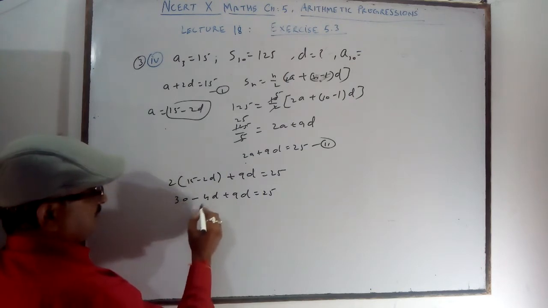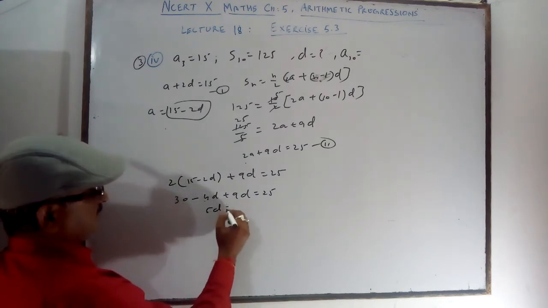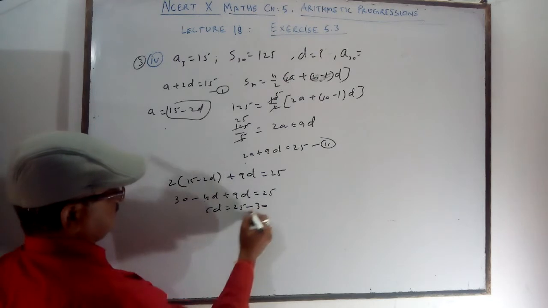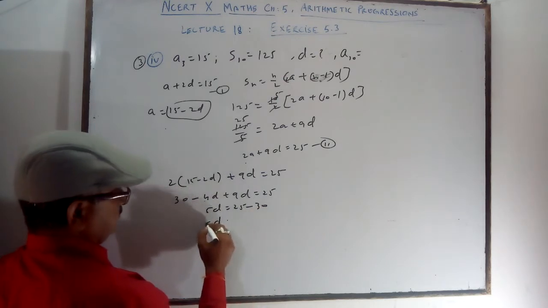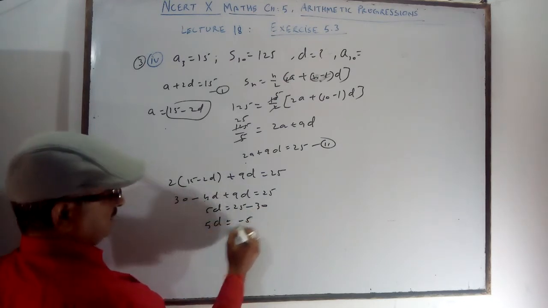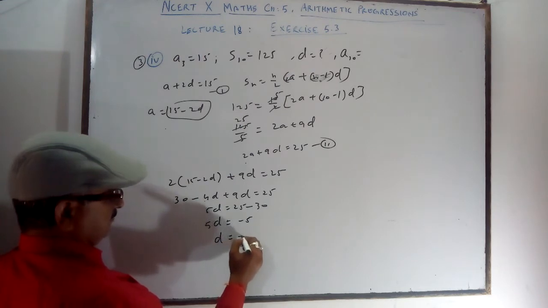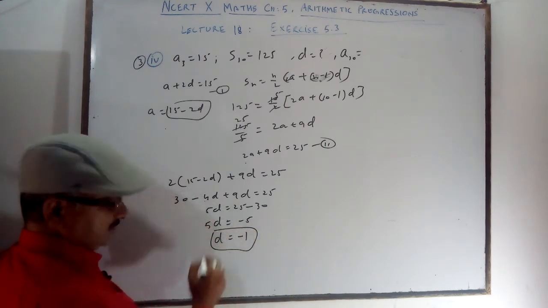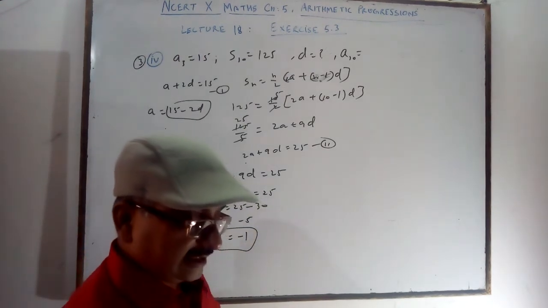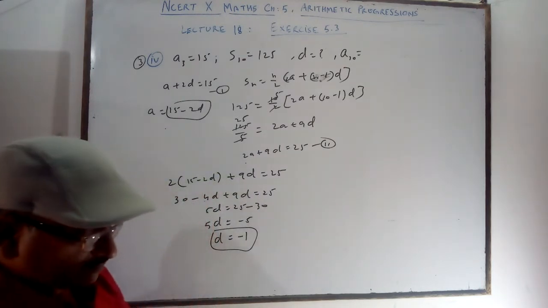So 5d is equal to 25 minus 30, 5d is equal to minus 5, then d will be minus 1. You are getting d is minus 1.